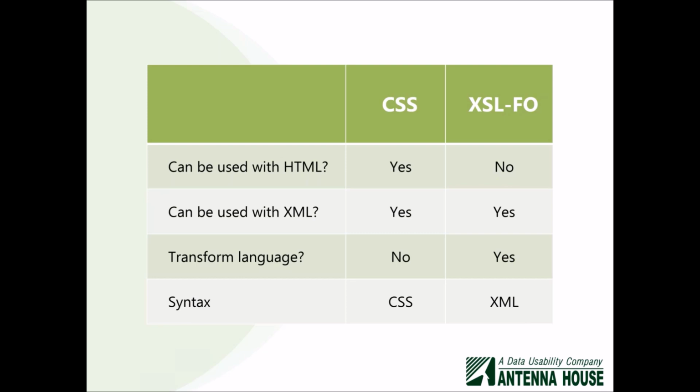I say no for the transform language, but there's nothing that prevents you from using a transform language with CSS if you want to modify your data, create some automated content. The syntax, CSS or XML, depending which one you're using.